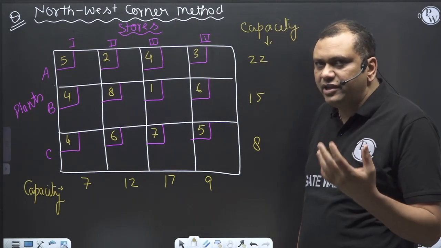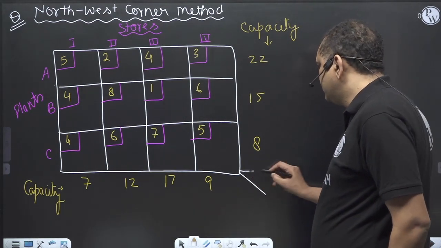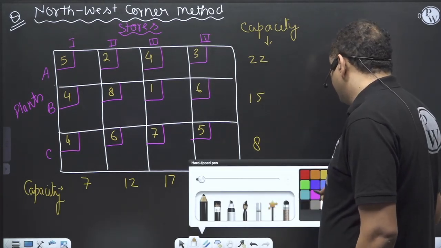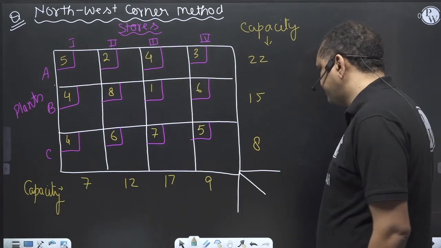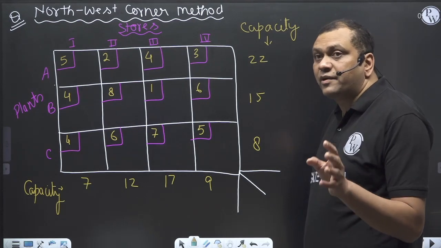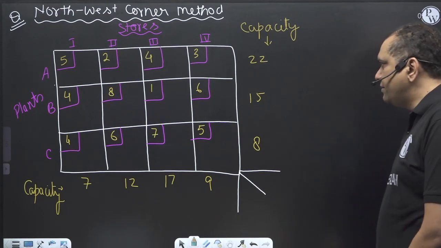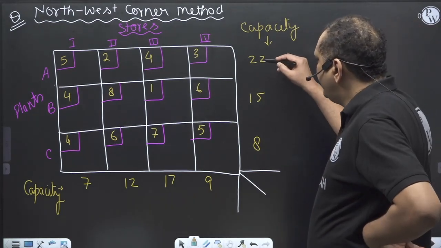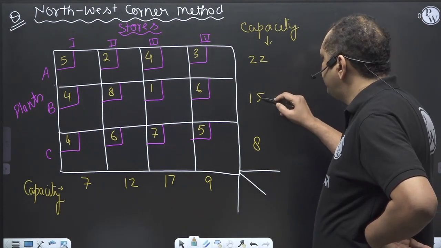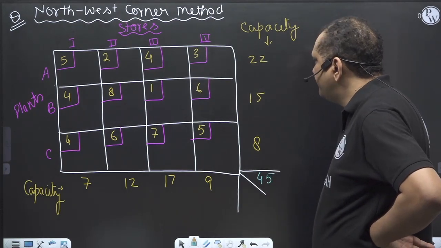Before finding the initial basic feasible solution, we have to see whether the transportation problem is balanced. So how to see the balance? Add these capacities and these capacities. 22 plus 15 plus 8 is 45.